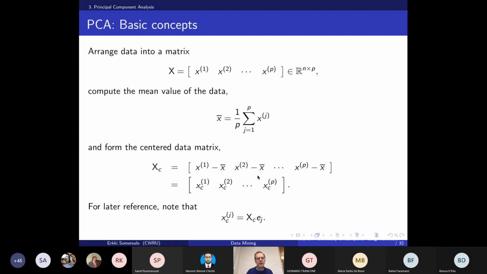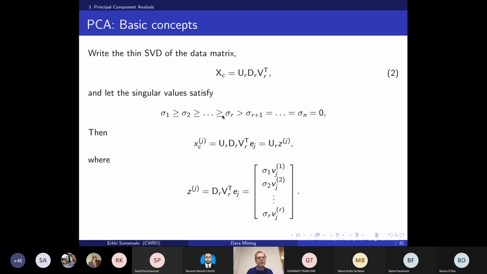Geometrically, I'm moving the cloud of my data around the origin, the coordinate origin, because I have moved the center of mass. If I have this matrix xc, which is the centered data, then the centered vector xjc is obtained by multiplying xc from the right with the canonical coordinate vector ej, which has zeros everywhere except for 1 at the jth place. That picks the jth column of my matrix.